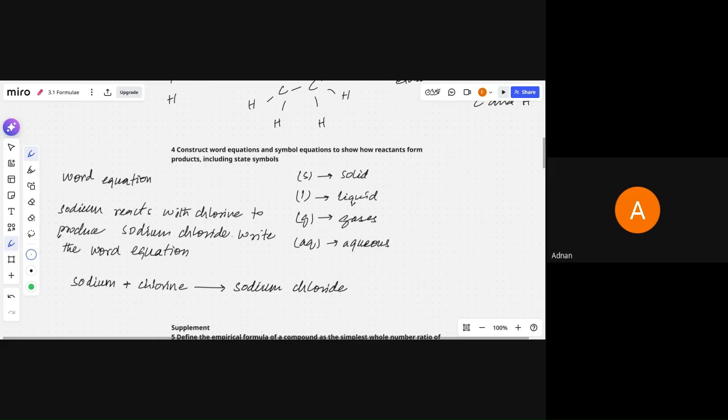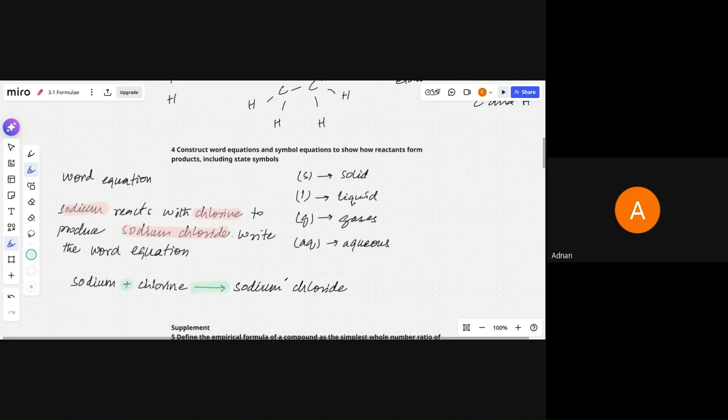So these questions are very simple when they appear on the exam. The answer is hidden in the question. You just have to correctly identify which ones are the reactants and which one is a product, and you should know that reactants must be separated with a positive sign, and for the direction to produce, we must draw this arrow.